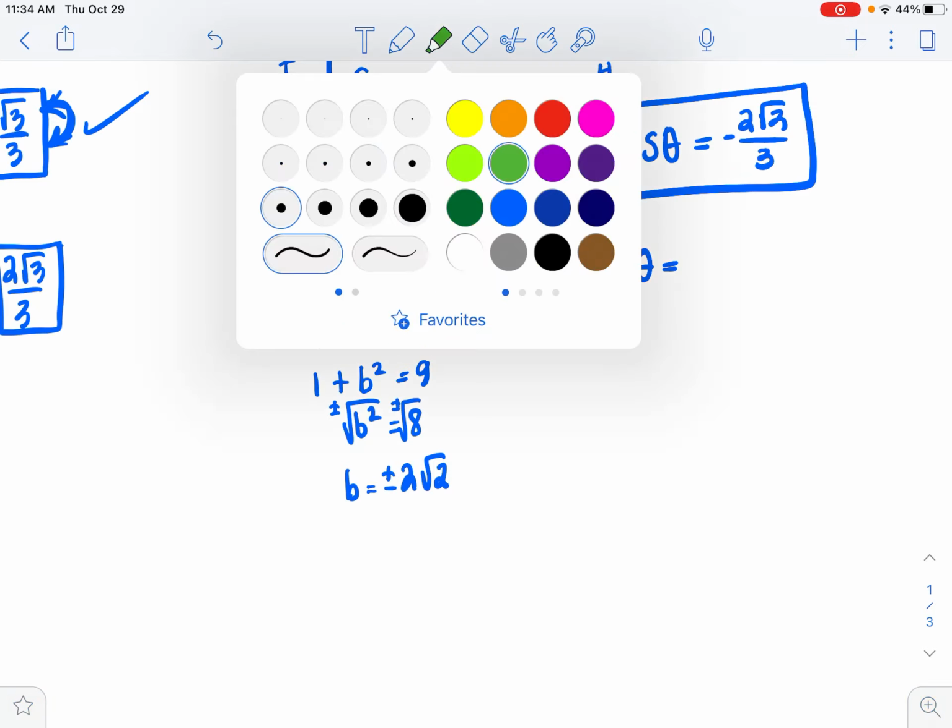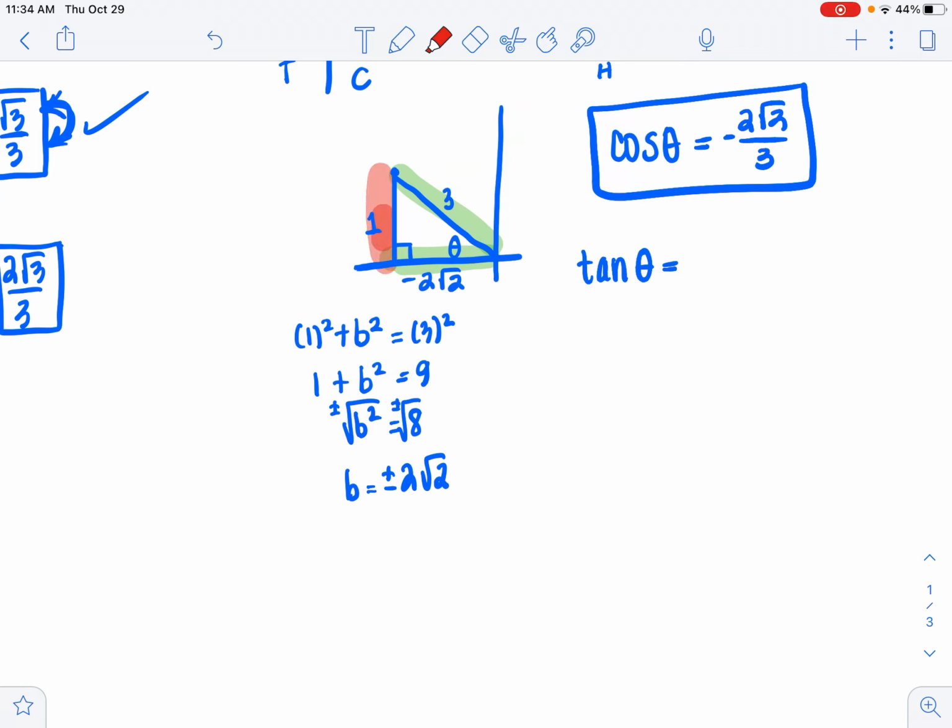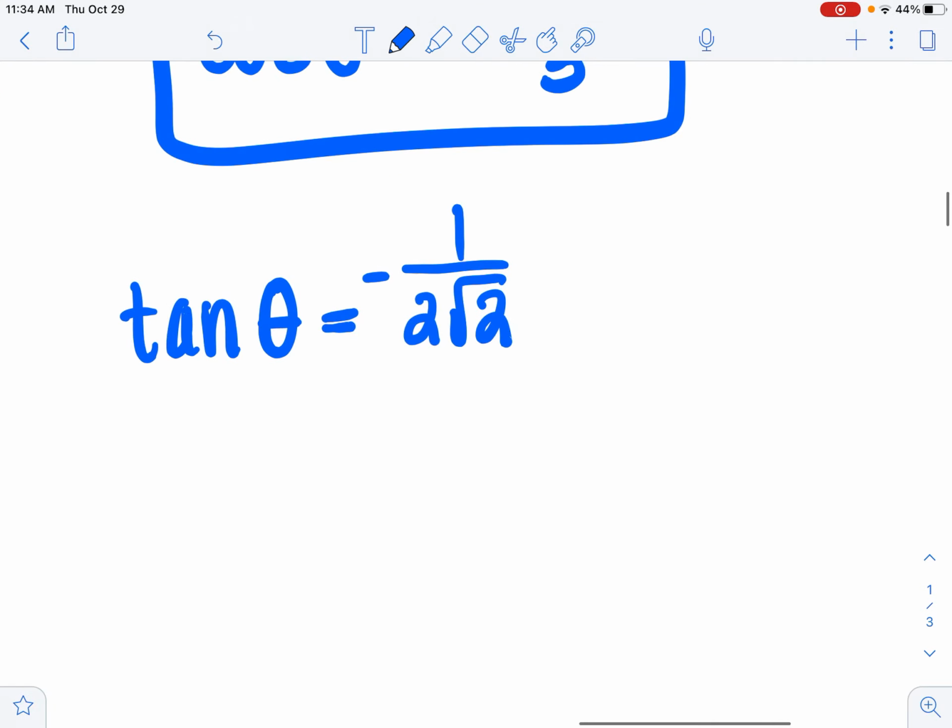All right, next I'll do tangent of theta. So tangent is the opposite side, which is 1, over the adjacent side, which is negative 2 root 2. So tangent, I have 1 over, I'll put the negative in front, 2 root 2. All right, I can't leave my answer like that because it's not rationalized, so I need to rationalize it.